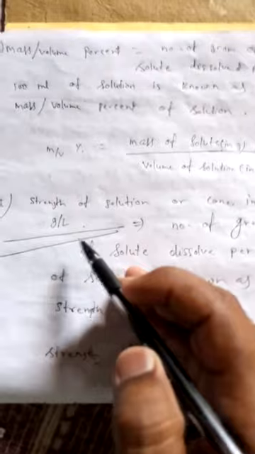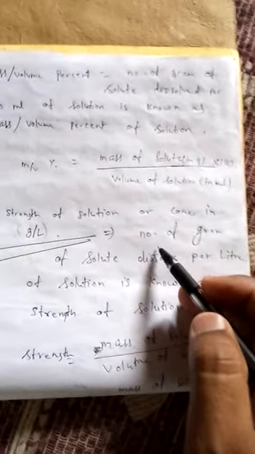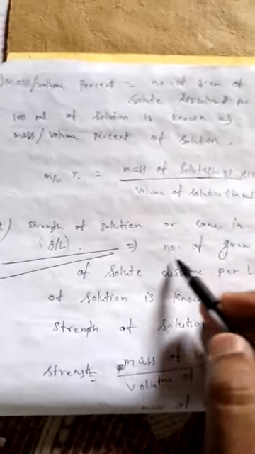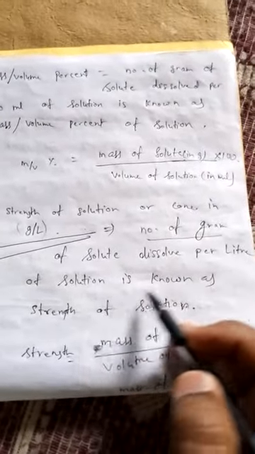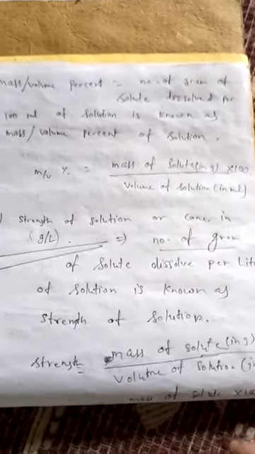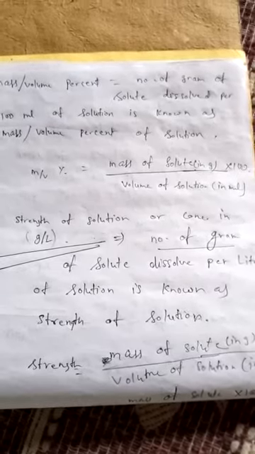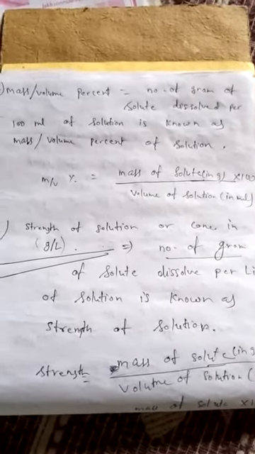Fourth, strength of solution or concentration in gram per liter. It is expressed as the number of gram of solute dissolved per liter of solution. That is, how many gram of solute are dissolved in 1 liter of solution is known as strength of solution.